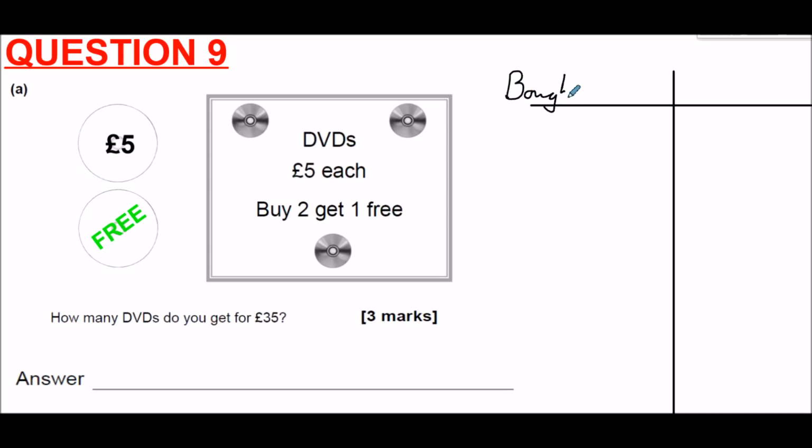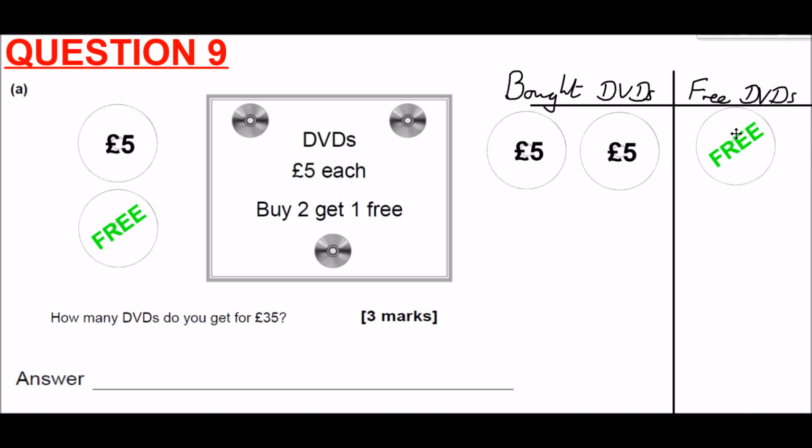On the other side, we can think of this as being how many free DVDs you'd get. And so what it is you have to buy 2 to get 1 free. So for every 2 we buy, 1 DVD we get for free. Now, we're spending £35, and so how many £5 notes would there be in £35?